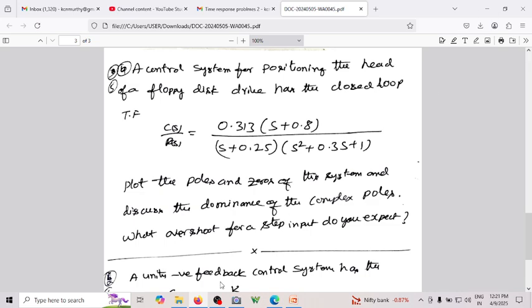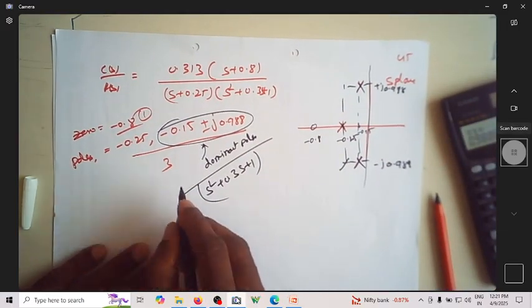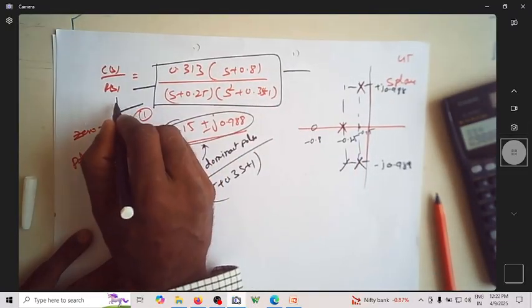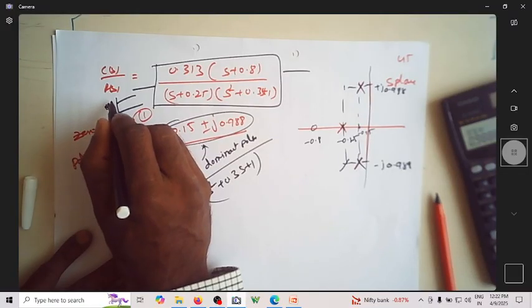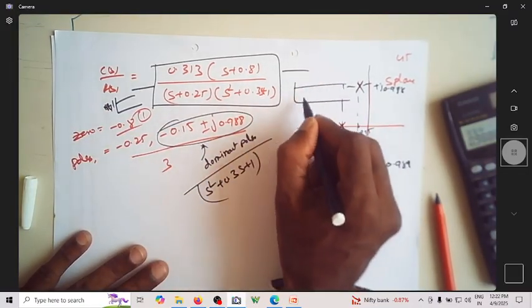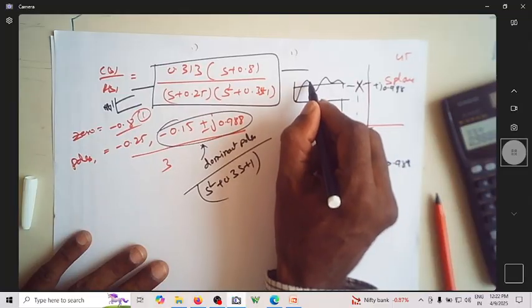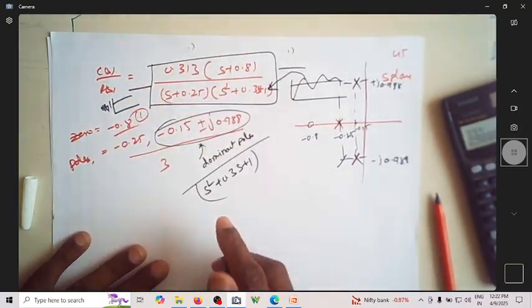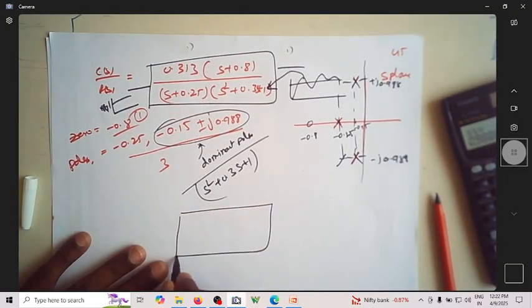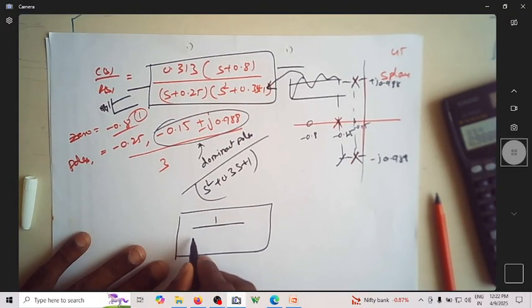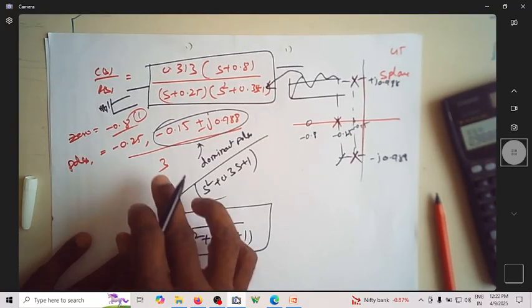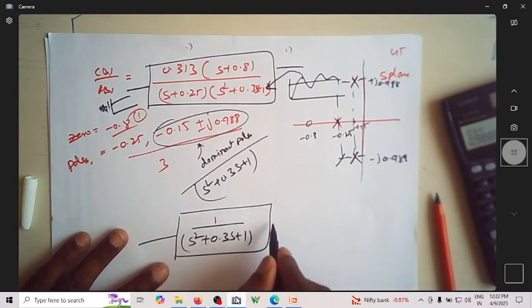If you apply an input of r of t equal to 1, you will have a response governed majorly by this term, as if considering a term like 1 over s square plus 0.3 s plus 1, rather than considering all other terms.